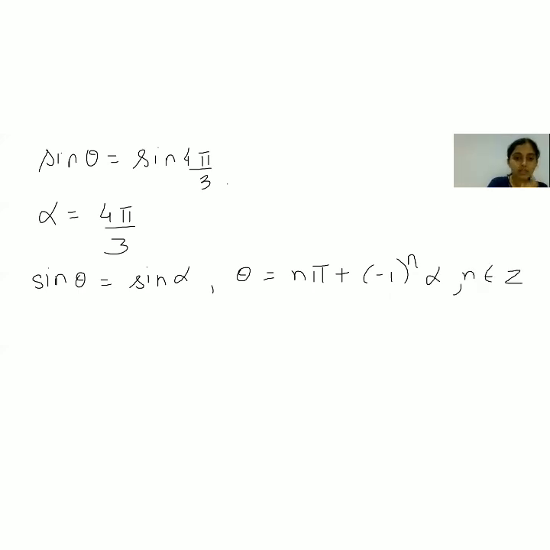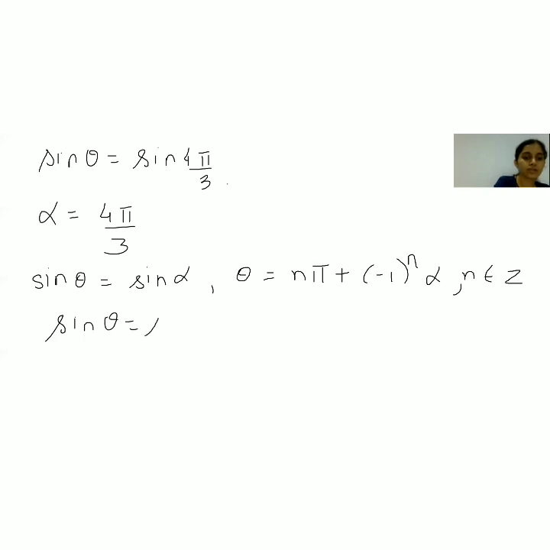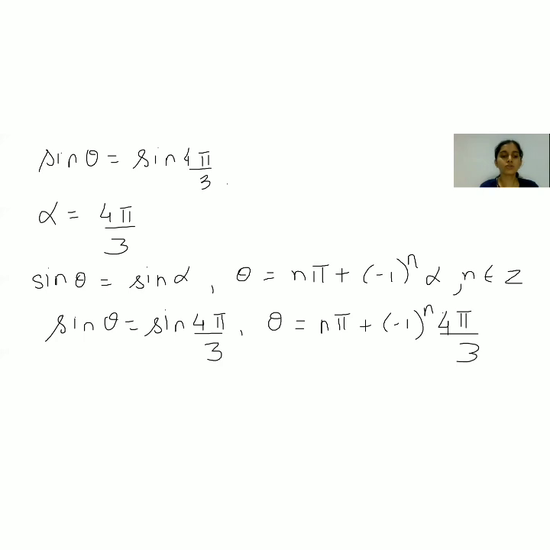So we'll just put the alpha value and that would be our answer. So sine theta is equal to sine of 4 pi by 3. Right? Alpha is 4 pi by 3, so theta will be equal to n pi plus minus 1 raised to n, 4 pi by 3. This is your generalized solution for a negative angle.